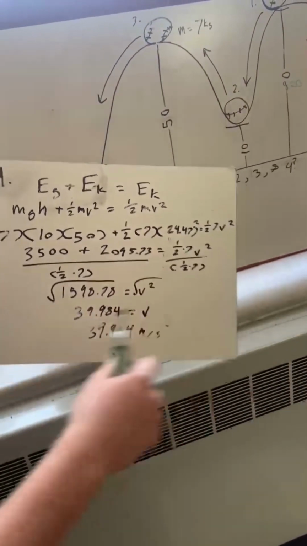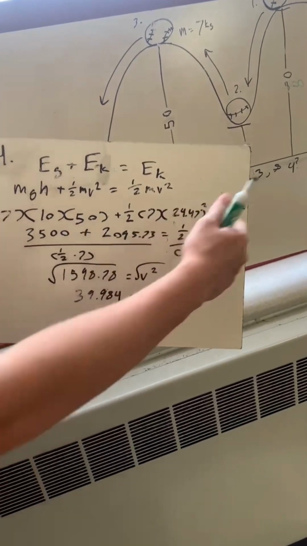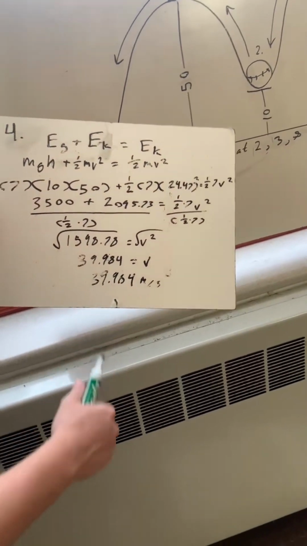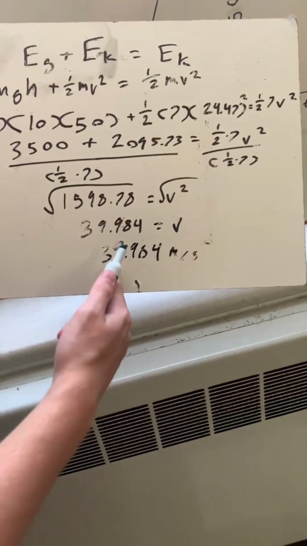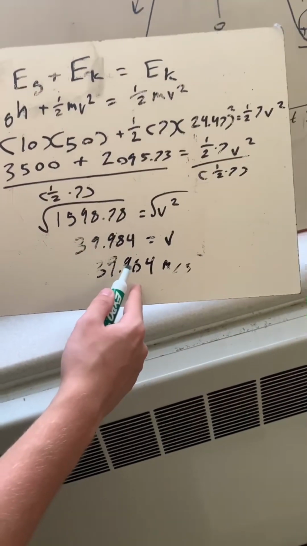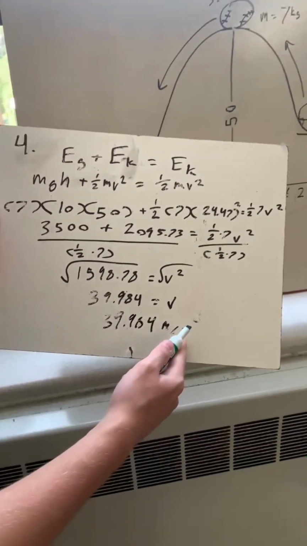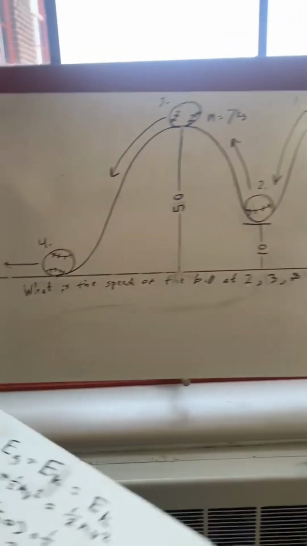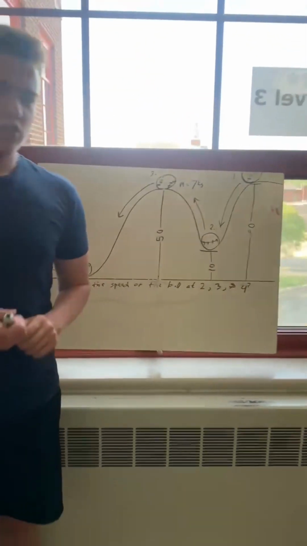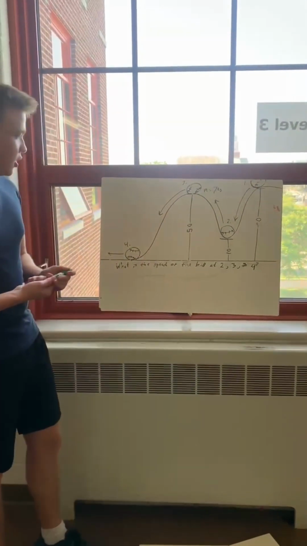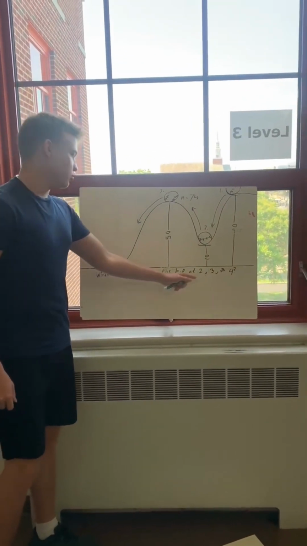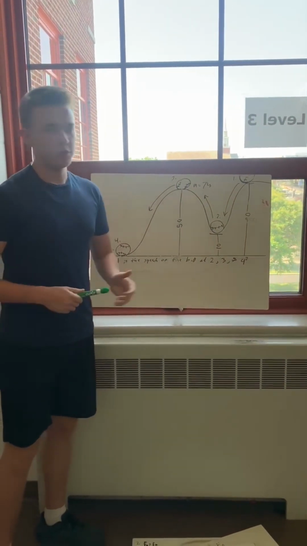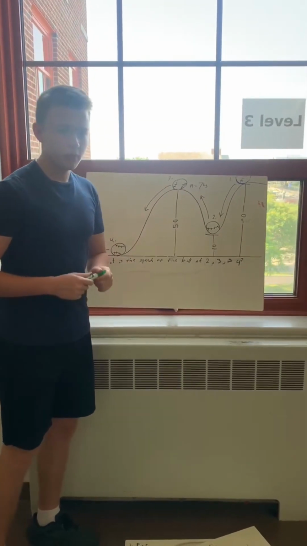Multiply, all the basic algebra, crunch some numbers, and you will get 39.984 meters per second as the final speed. There we go. We have solved for the speed of the ball at 2, 3, and 4. And the speed, of course, at 1 is 0.